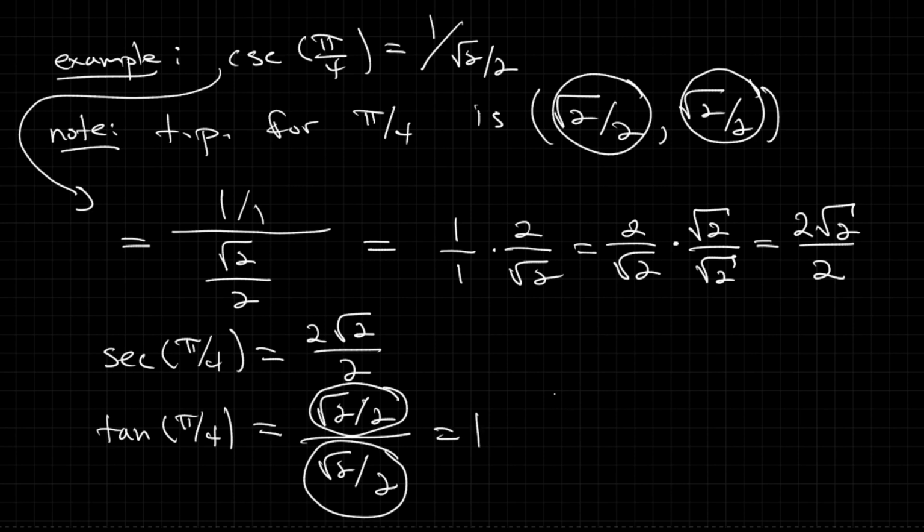And you can likely see that this is going to be the same for cotangent of pi over 4. This is also equal to 1 because cotangent is the x-coordinate over the y-coordinate, and the x and y coordinate are the same. So this shows how to evaluate some of those other trigonometric functions by knowing the terminal points for the other important angles in the first quadrant, that is pi over 6 and pi over 3, or 30 degrees and 60 degrees.